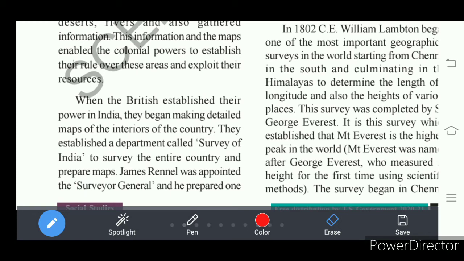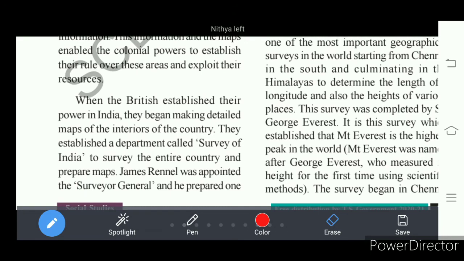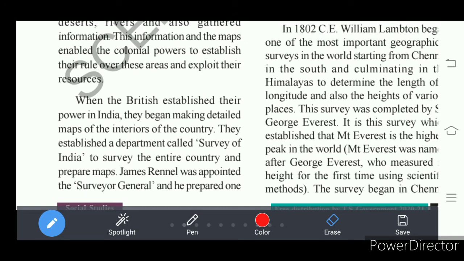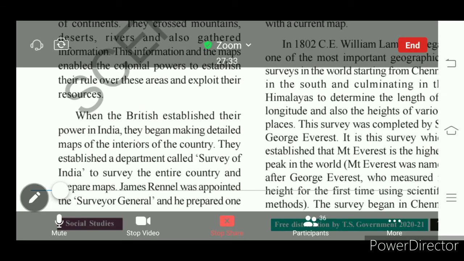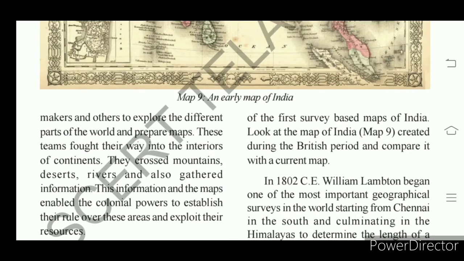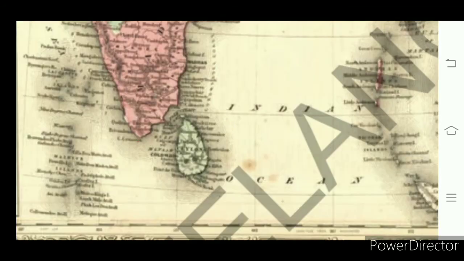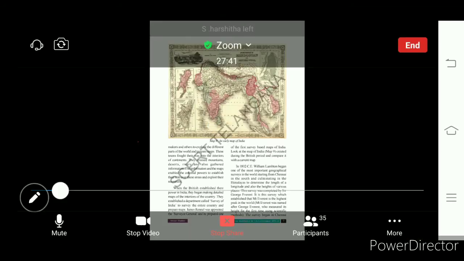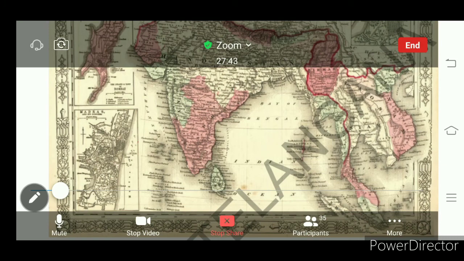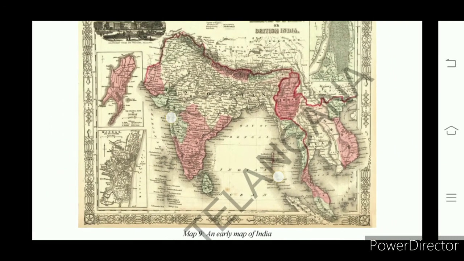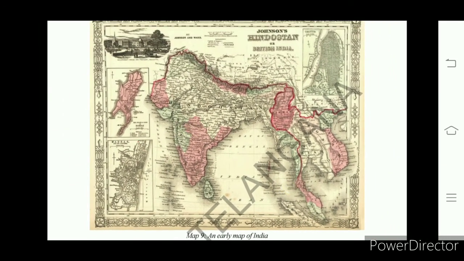The map is slightly varying from the current map of India, but we find much more similarity. Look at this. This is the first India map prepared by James Rennell from his survey.